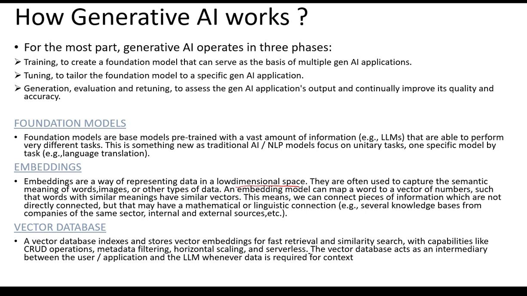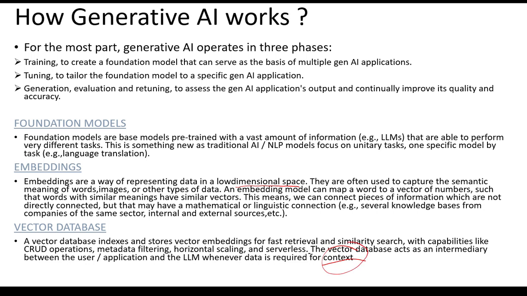Okay. Now we have vector database. So a vector database is used to store the vector embeddings, right? So a vector database is primarily used for providing the context to the LLM model. Okay. So this is the important part, context.